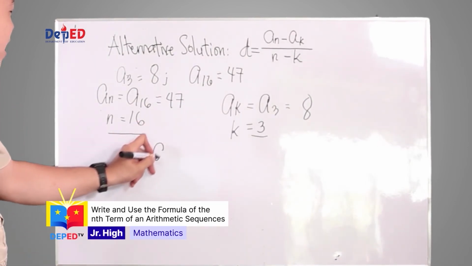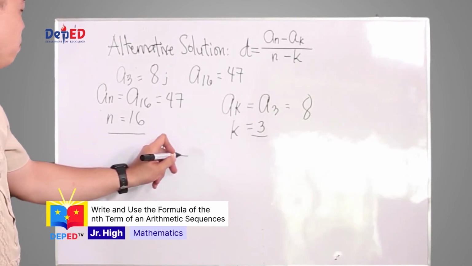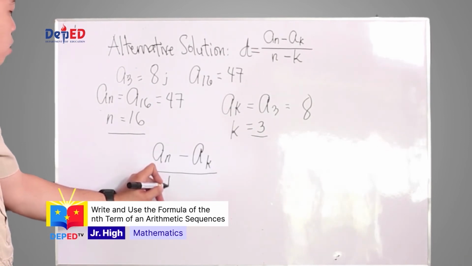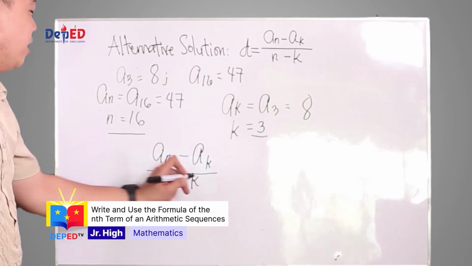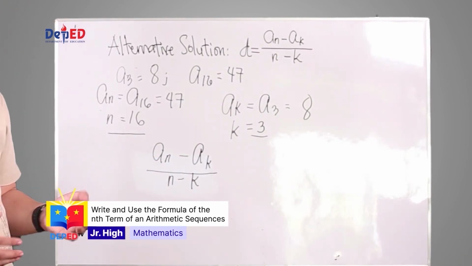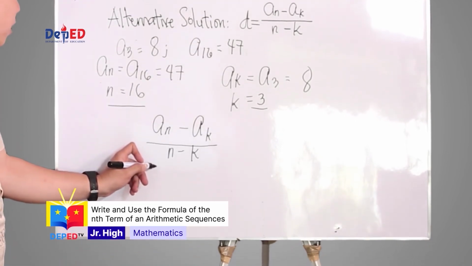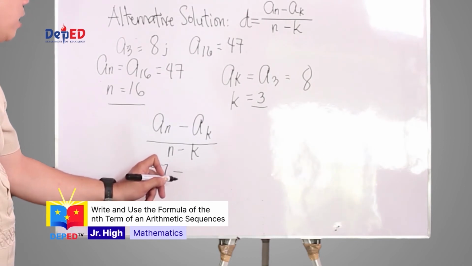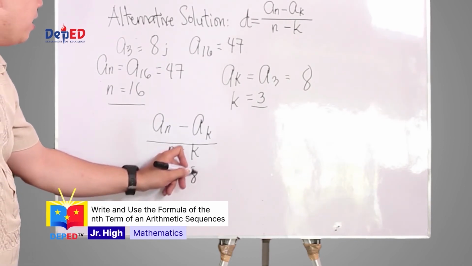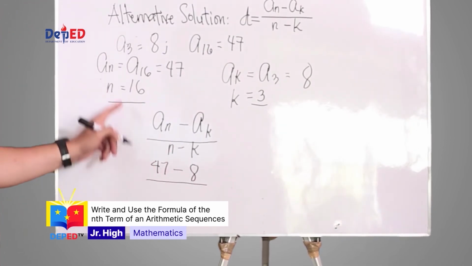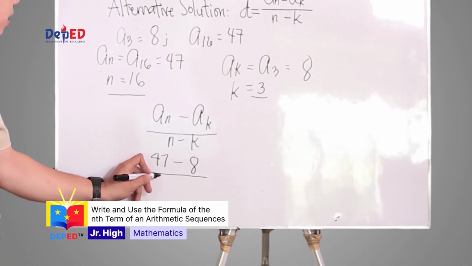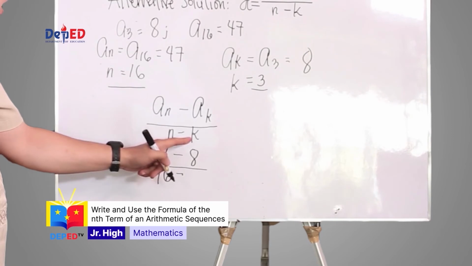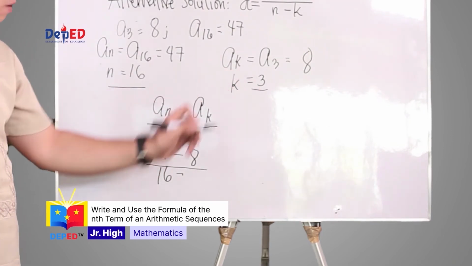So that's a sub n minus a sub k all over n minus k. So that is 47 minus our a sub k, which is 8, all over our n, which is 16, minus our k, which is 3.